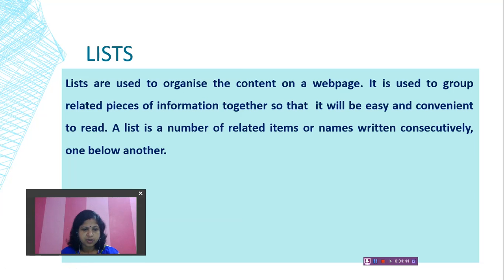Whenever you go to market, you also make a list of what you have to purchase today. A list is a number of related items or names written consecutively one below another.